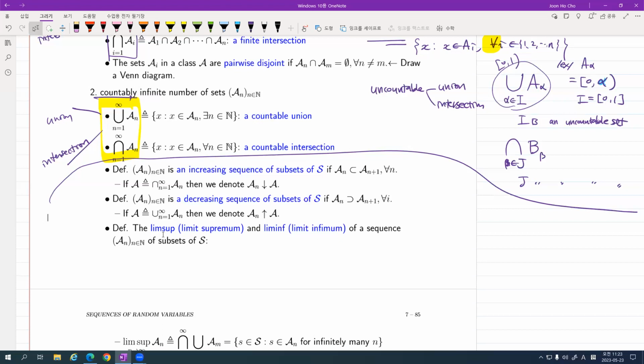If you just draw a kind of Venn diagram, you will feel that you have an increasing sequence of subsets, right? And let me ask you, what would be the countable intersection of an increasing sequence? Am I right? Let me see. Something's wrong. Just a second.